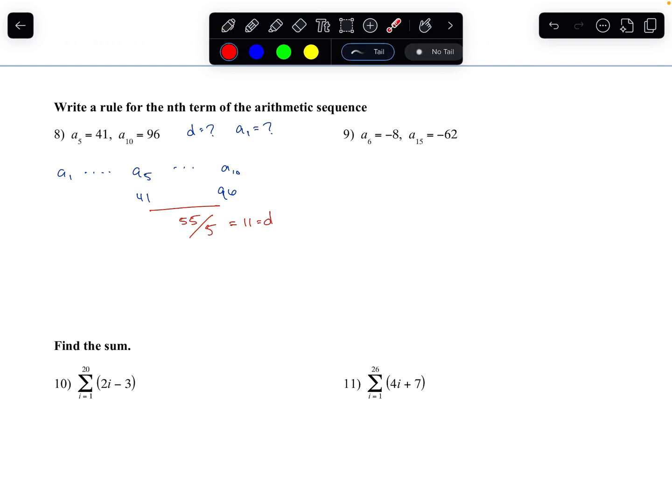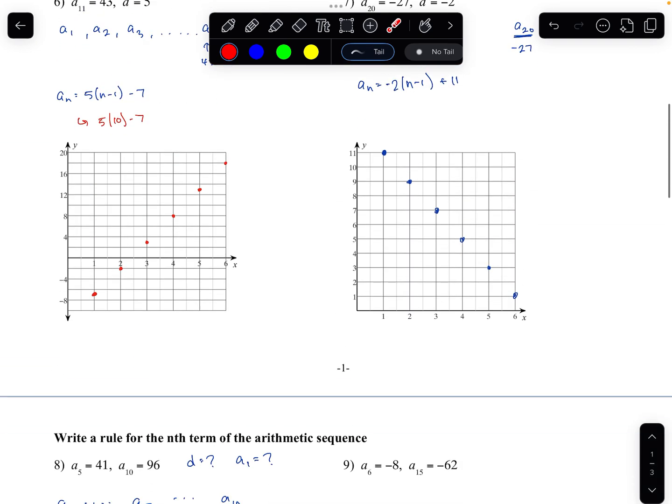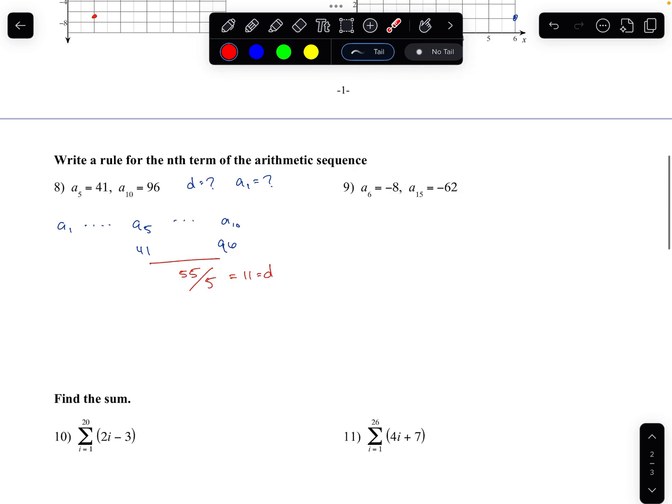So that makes sense. Yeah, so 41 plus 55 is going to give you this right here. Divide that by the number of terms, which is 5. Okay, and then if you go backwards, so again, the common difference, this is kind of like working backwards like we did here and this one right here.